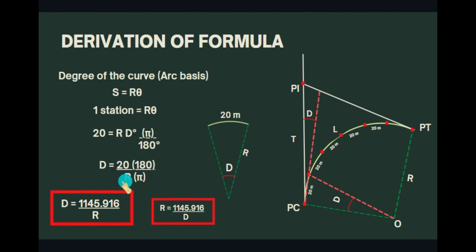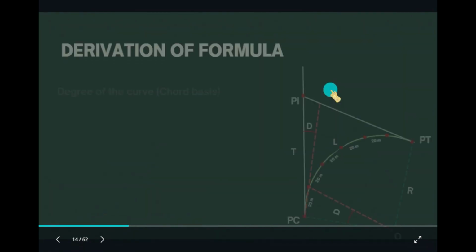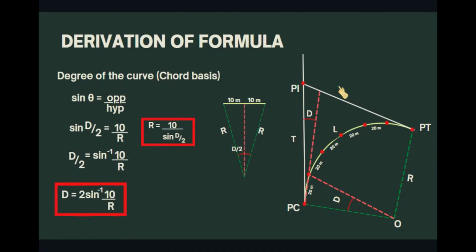So we can just simplify the equation and get the result of D = 1145.916 over R. And to get the radius, we can just cross multiply. So R is also equal to 1145.916 over D.